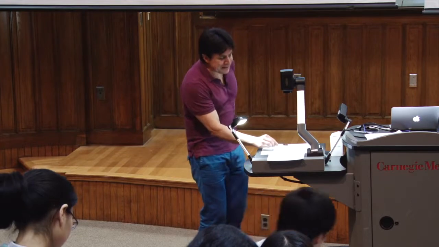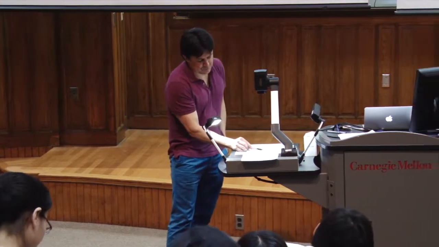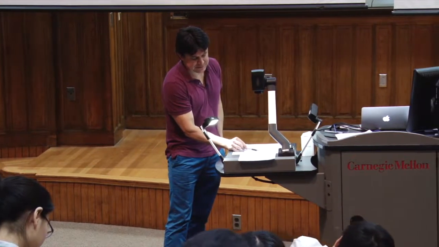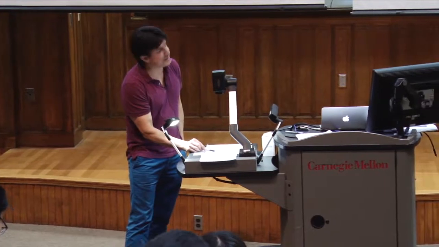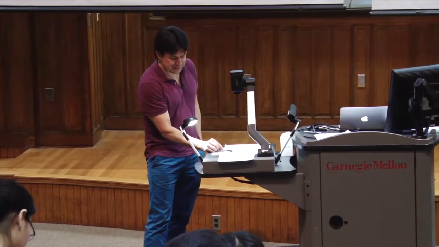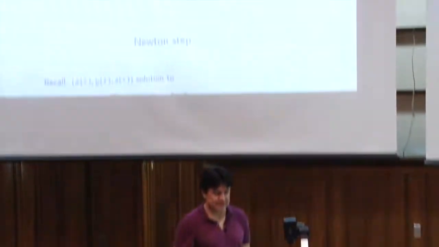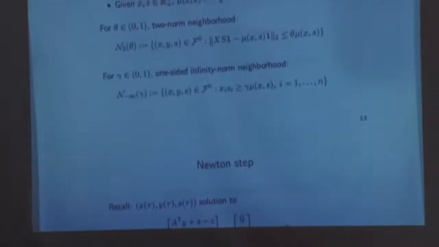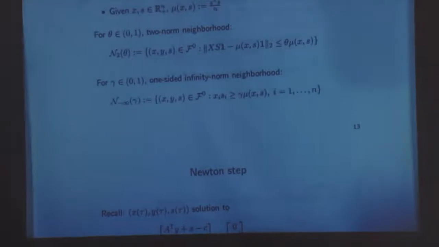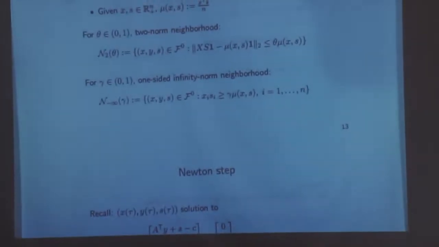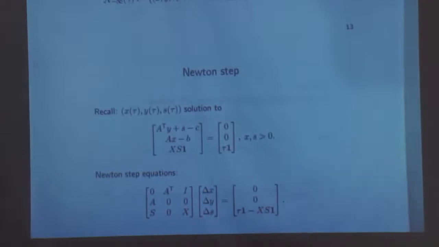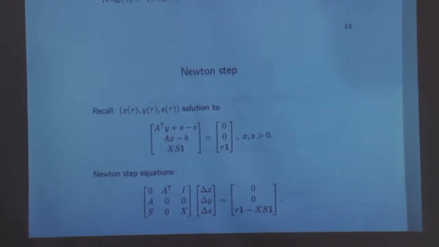So to be in the neighborhood, these equations would have to hold, right? And these components will have to remain positive, and this has to hold. So now, if you think about the Newton step, the Newton step is this. We solve these equations, right?